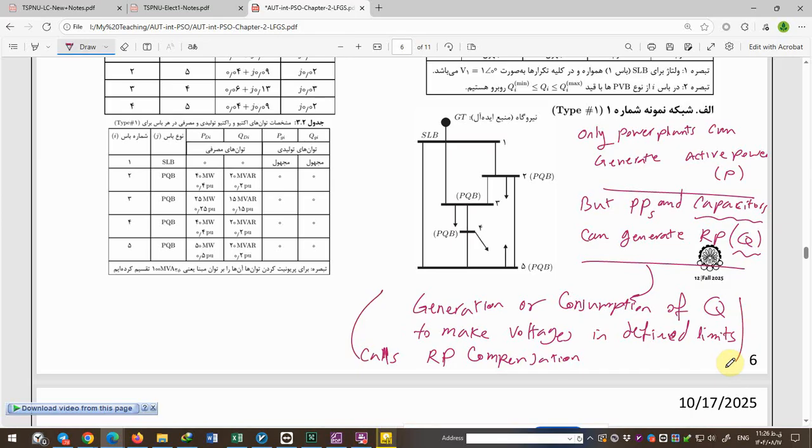That means that if you change the reactive power, even with a capacitor or power plant, for the purpose of making voltage in a specified range, that's called reactive power compensation.